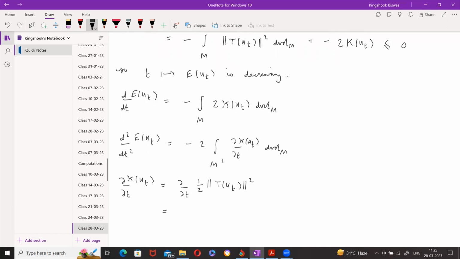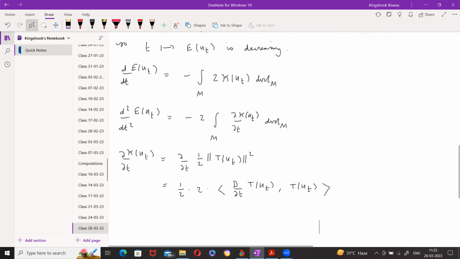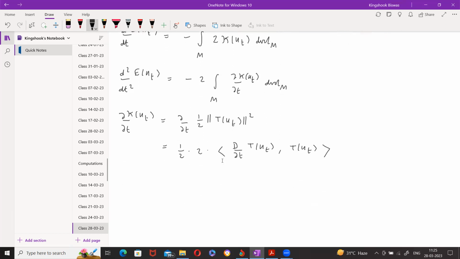So by metric compatibility, the derivative of this norm squared will be twice the inner product between the covariant derivative D/∂t of tau(u_t) and tau(u_t). Okay. So now we need to compute this.